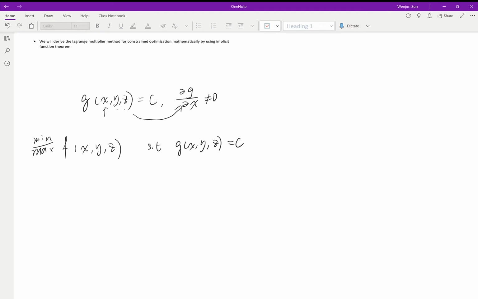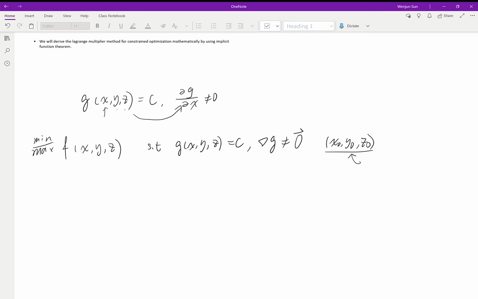Now I'm going to make an assumption that the gradient of g is not equal to 0. I'm deriving a condition at a point x0, y0, z0. At that point, the relationship between f and g and their gradients is such that this point can be a critical point, right?